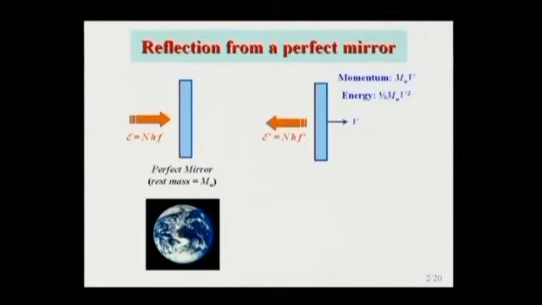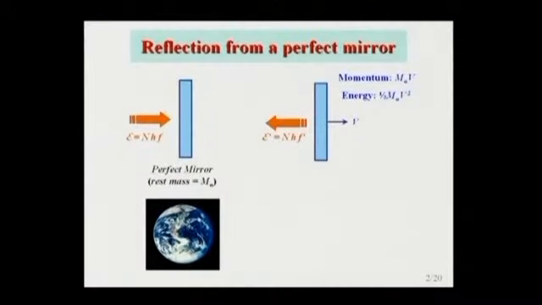And many people at first said that, well, this cannot be, because here we have kinetic energy. And if the pulse gets reflected, and it's a 100% reflector, so no energy is lost, and therefore we cannot give any energy to the mirror. But that argument is faulty because they did not take into account the Doppler shift.